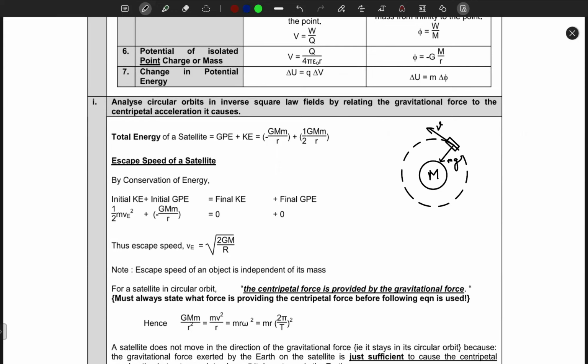Now, if I want to write down the total energy of this satellite, what would it be? It would have potential energy, because it is away from the surface of the Earth. But it's also orbiting the Earth, and it carries some linear velocity as well, so it would also have some kinetic energy.